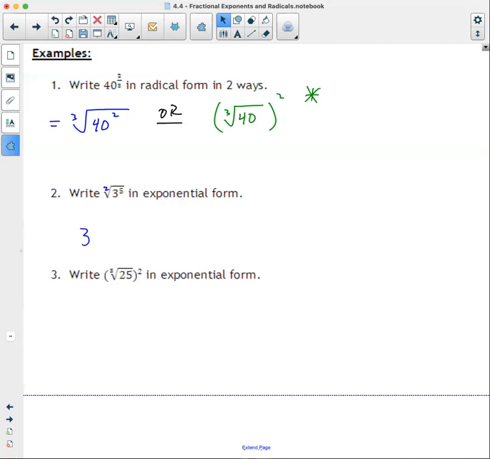So 3 is our base, the denominator is 5, and the numerator is 2. Okay, so 3 to the 2/5. And I have that mixed up. Sorry. The index of the root is the denominator, and the exponent of the radicand is the numerator. My apologies.